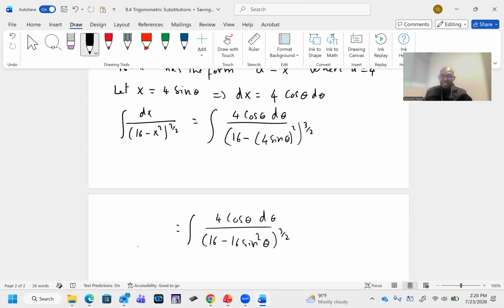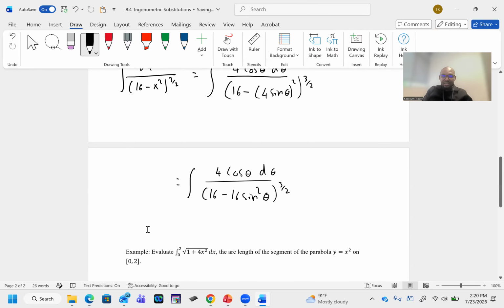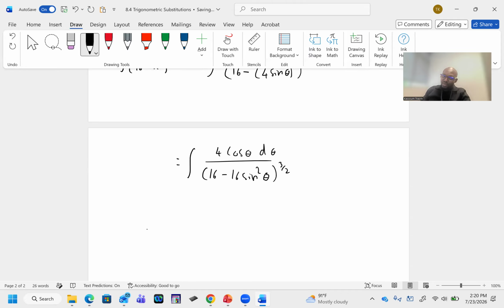By factoring 16 under the denominator, we will get what? Again, pause the video if you think I'm going too fast to read. So I will have 4 cosine theta d theta over, if I factor 16, let me use brackets here, 16 times 1 minus sine squared theta, right?